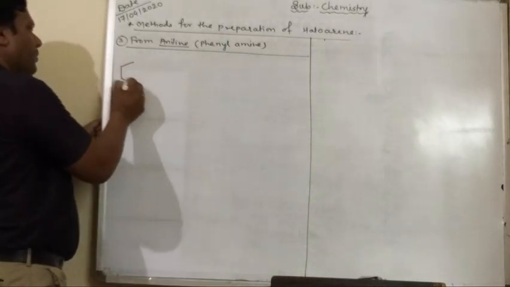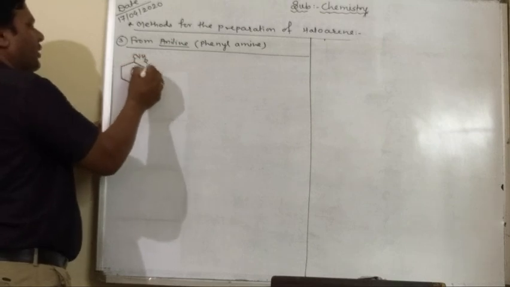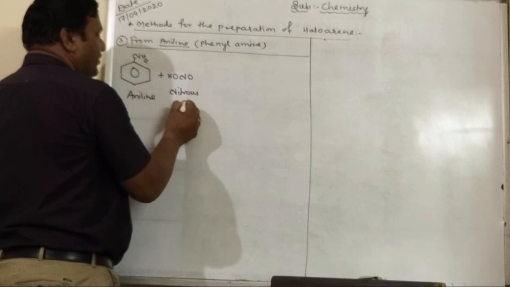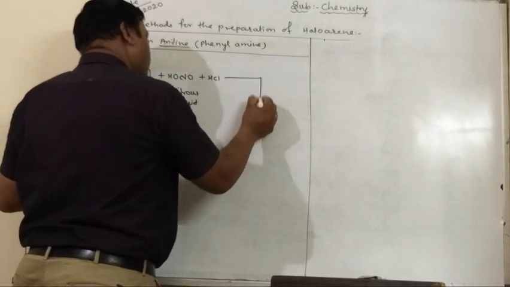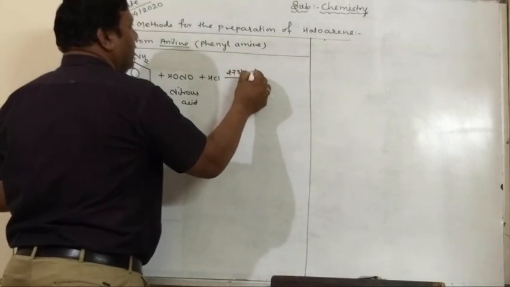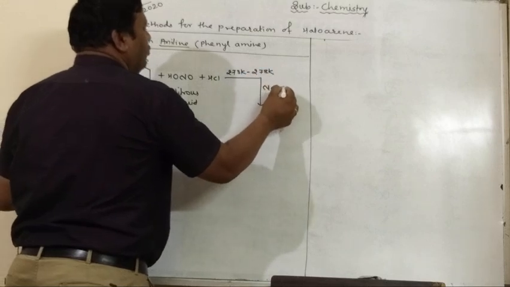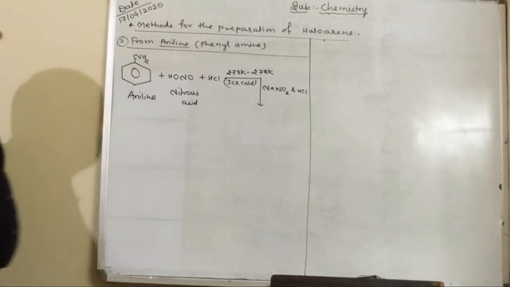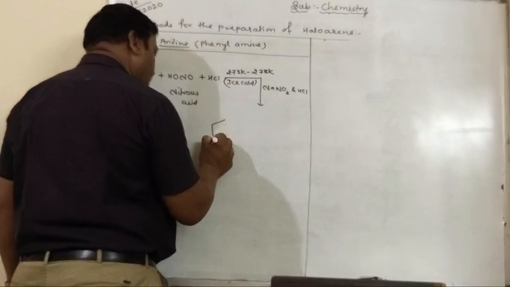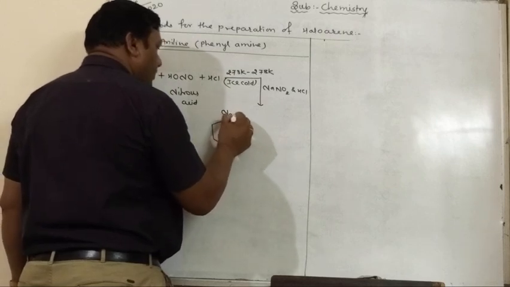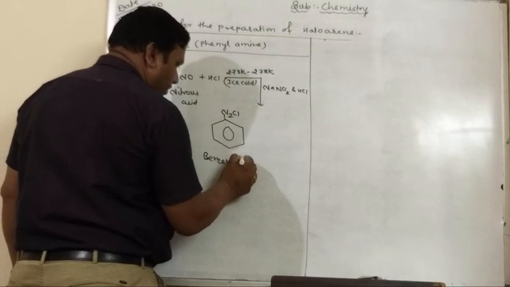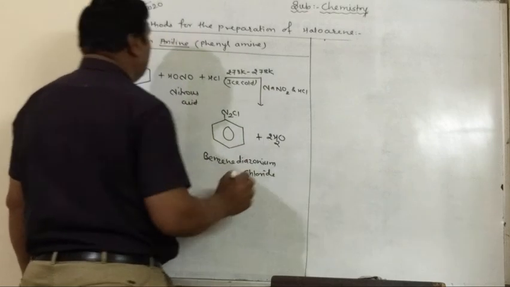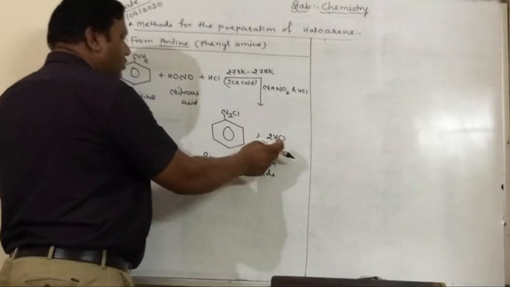So when this aniline C6H5NH2 reacts with nitrous acid and HCl at 273 Kelvin to 278 Kelvin in presence of sodium nitrite and HCl, this is ice cold condition, so you will get benzene diazonium chloride and twice H2O.